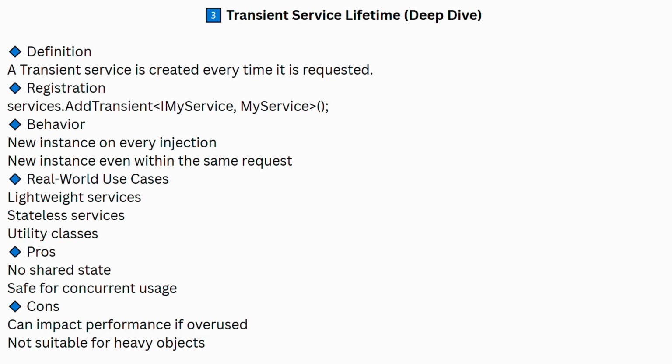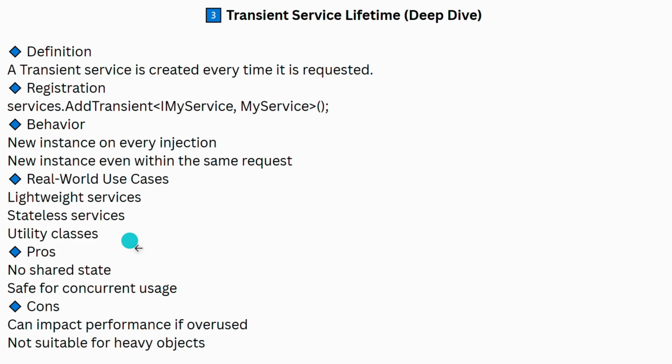Then it will create multiple objects, and you need multiple memory allocations for those objects. Your server memory gets occupied at a huge level, your performance will be slow, and your application will go down. So make sure transient is used where you are going to perform lightweight operations.